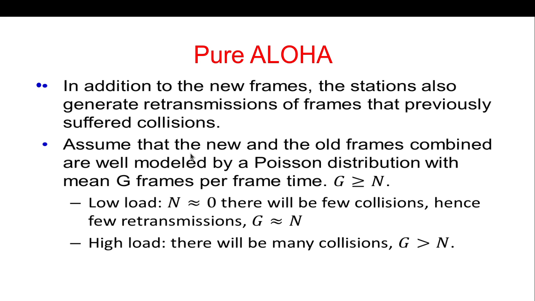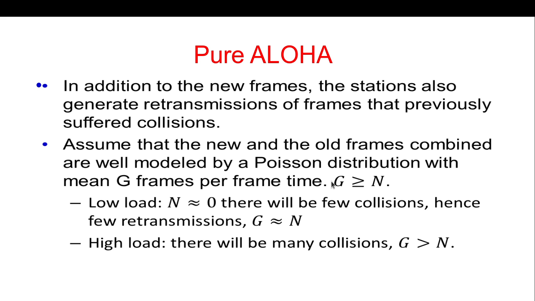So let us now assume that the new and the old frames combined together are modeled by a Poisson distribution with a mean of G frames per frame time, where G is greater than or equal to N. N is what? It is the mean number of frames generated per frame time.